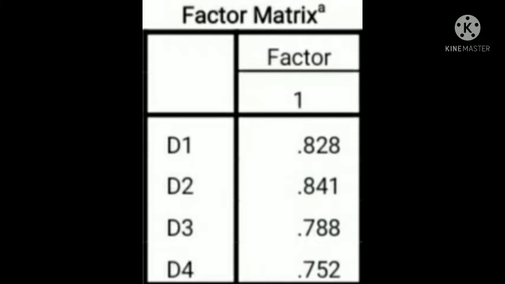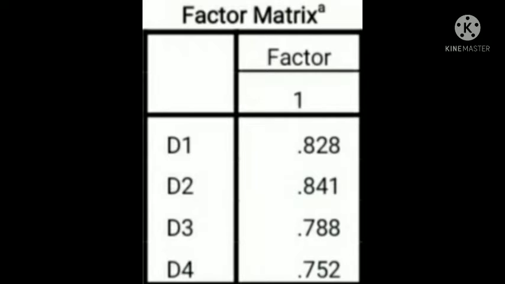analysis. For example, the factor loading estimate for D1 or hopelessness was 0.828, which would be interpreted as one standardized score increase in the latent factor or depression is associated with a 0.828 standardized score increase in hopelessness or D1.